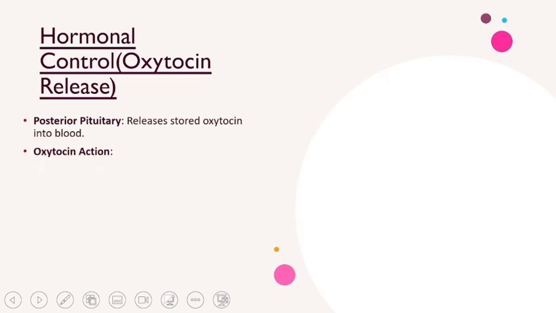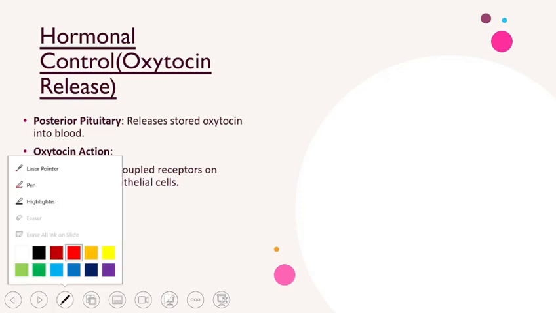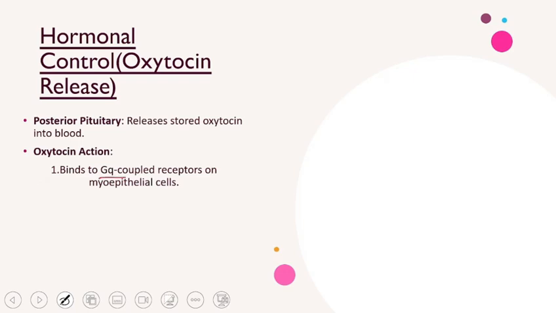Next, we see what happens once the oxytocin is released. Oxytocin works through the G protein coupled receptor present on the myoepithelial cell, and that receptor is a Gq coupled receptor. Once it gets stimulated by oxytocin, it releases secondary chemical messengers like IP3 and DAG, that is, inositol 1,4,5 triphosphate and diacylglycerol.